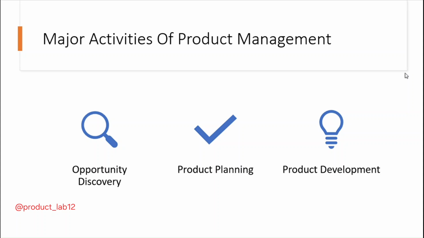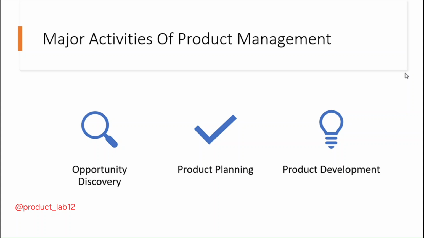According to that, we move to the next activity, which is product planning. In product planning there are multiple things: setting up the product vision, prioritization as per the goals, and roadmap planning. There are other planning activities also involved when we talk about the activities of product management.